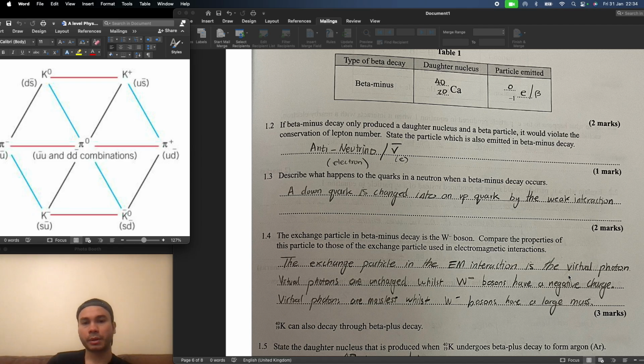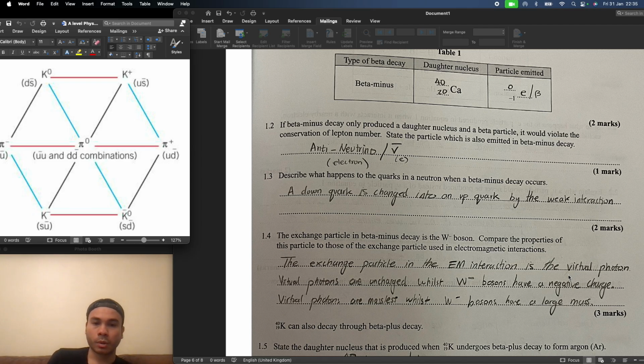The exchange particle in a beta minus decay is the W minus boson. Compare the properties of this particle to those of the exchange particle used in electromagnetic interactions. So the exchange particle in the EM, electromagnetic interactions, is the virtual photon. We have got no evidence for photons to have mass, apart, as I said, from the Higgs boson, which I mentioned in my lesson on particle physics, which gives some mass to these bosons, which would otherwise have no mass.